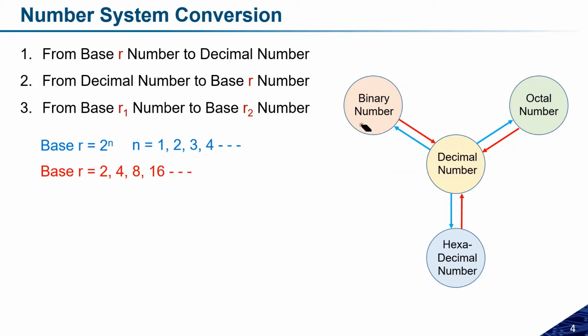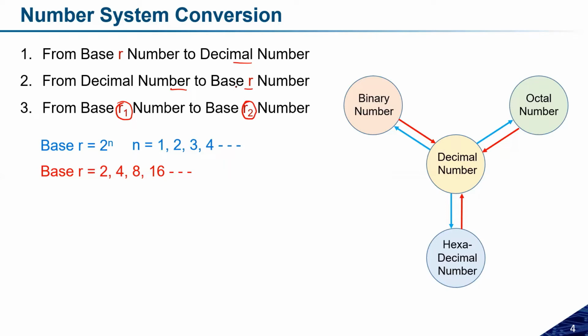The third case is if I want to convert from base R1 to base R2. In that case, this is a two-stage process. Directly we cannot. Like I just told you, if I have to convert binary to decimal, then I multiply with the weight, and if I have to convert from decimal to binary, then I simply divide by the base 2.